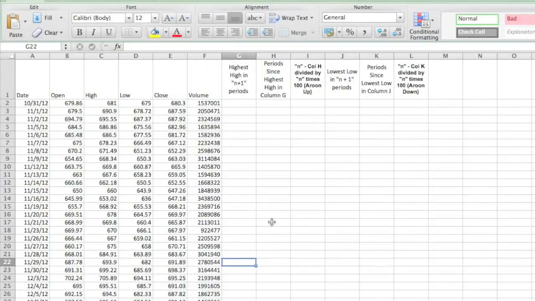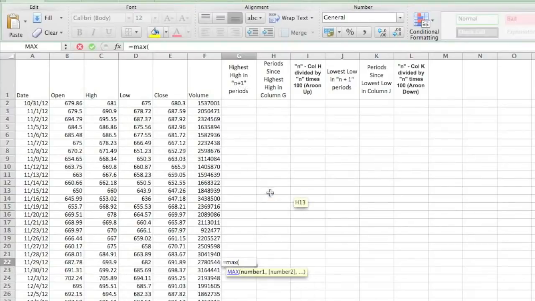Usually for the Aroon, n equals 20, but you could play around with this and make it different values. We're going to find the highest high in 20 periods, but we're going to plot whatever value we get in the very next period. That's what the +1 means.